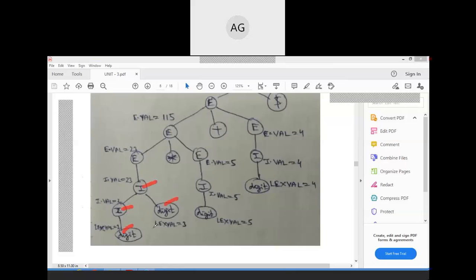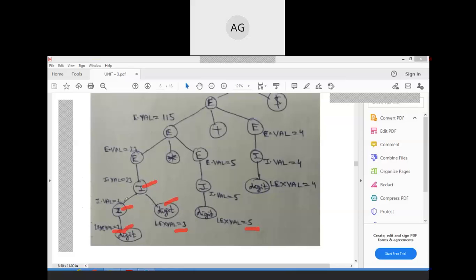Our input is 2 3. Here we get the value 2, from here we get the value 3, and in the same way here we get the value 5. Our second last production is I produces 10 into I dash.